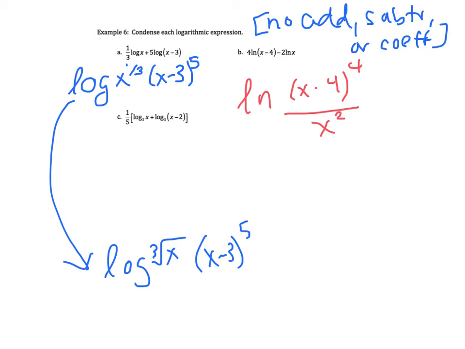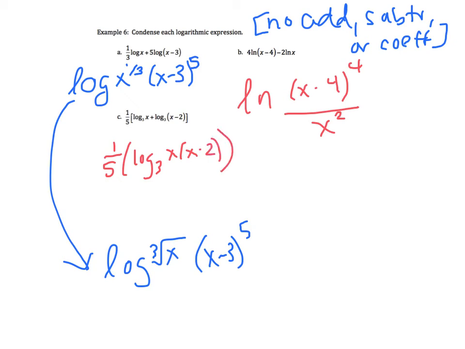All right, so in C, you'll notice that the 1/5 applies to the whole thing. So we're going to do inside the parentheses first. We're going to follow that order of operations, and I'm going to turn my addition into multiplication. So I'm going to keep my 1/5, and I'm going to get log base 3. And it's going to be x times x minus 2. All right.